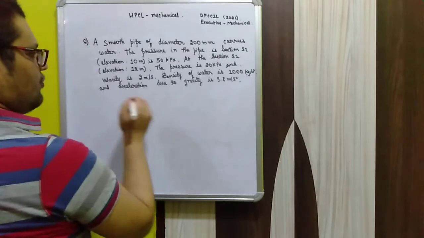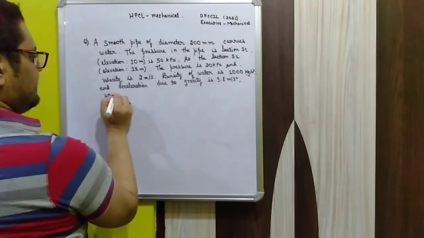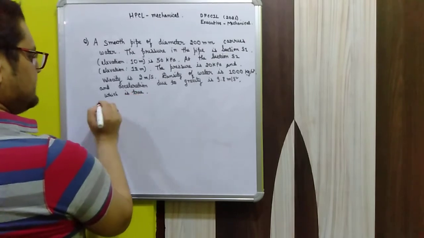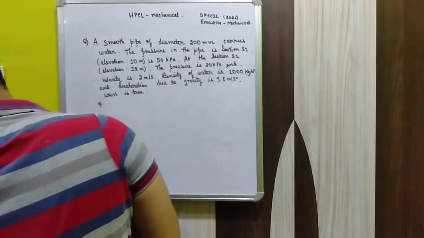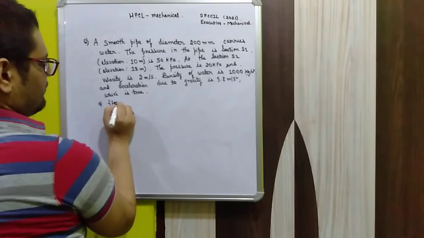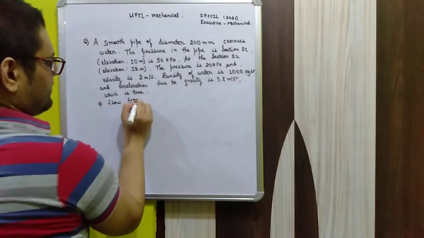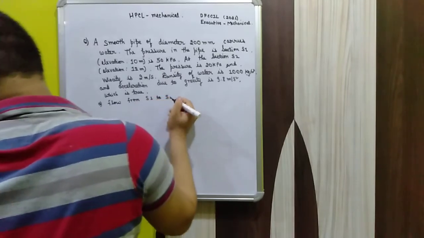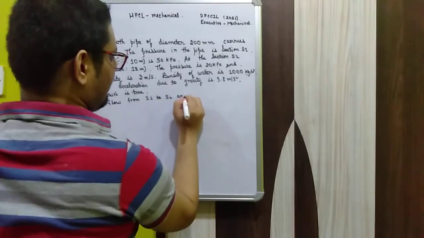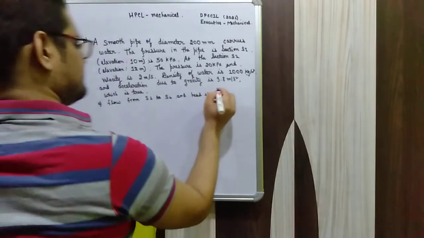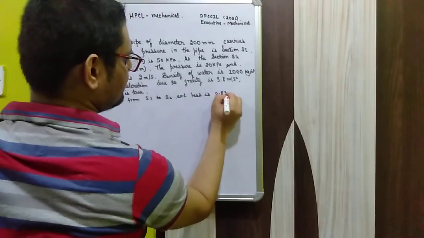So here are the 4 options. Which is true? I'm writing all the options here. Option A: flow is from S1 to S2, and head loss is 0.53 meter.